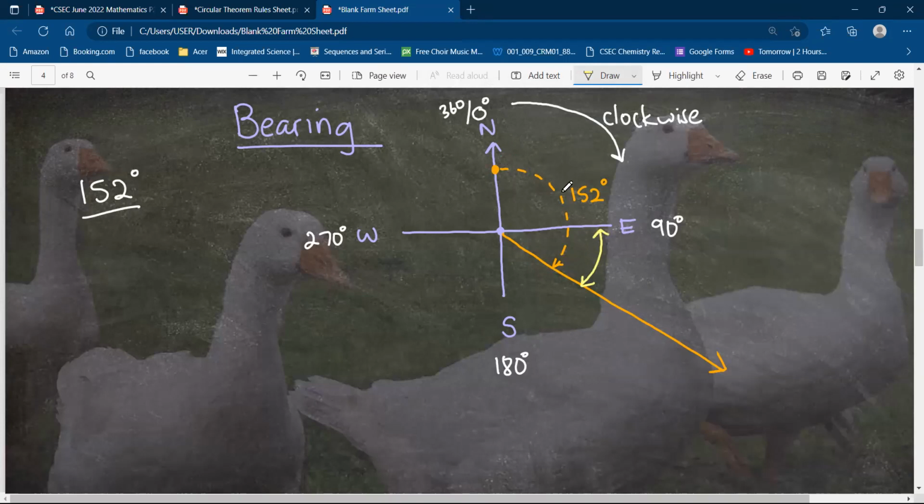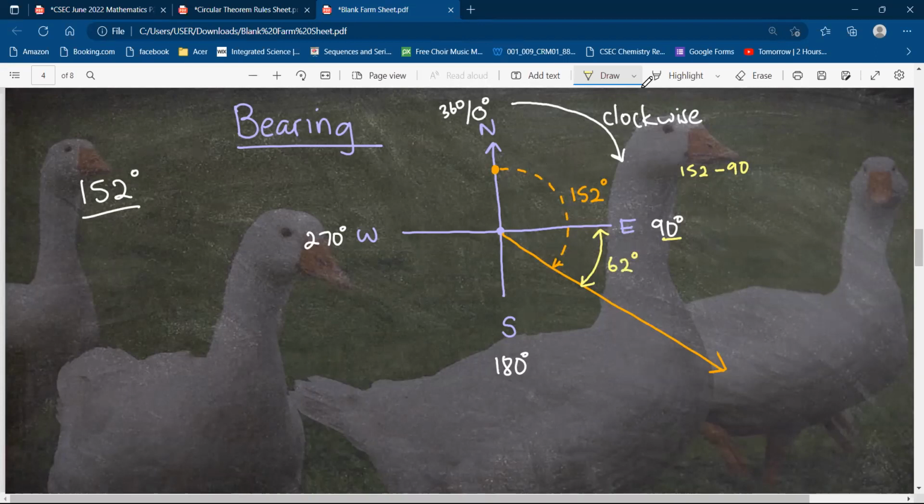If the whole thing is 152 and up to east is 90 degrees, how much again do we need to make 152? It will be 152 minus the 90, because the whole thing is 152 and we already completed 90. And this yellow angle is 62 degrees.